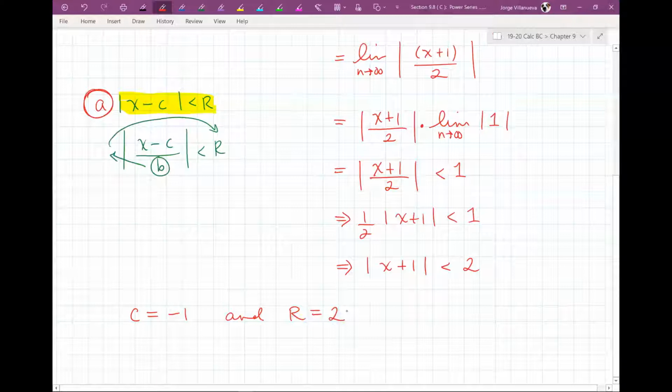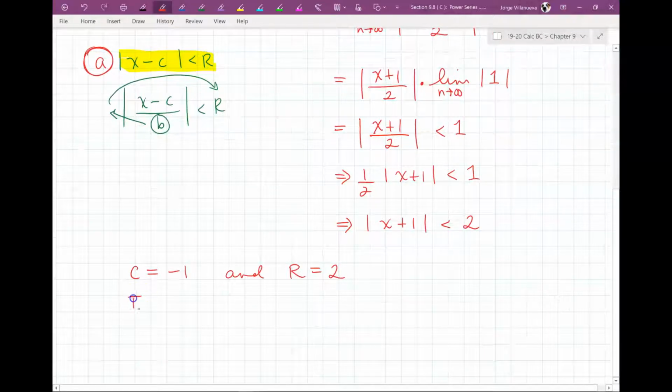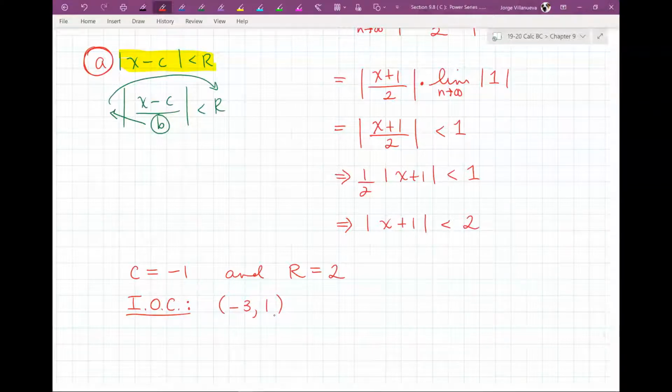Okay? So if my center is -1 and my radius is 2, what's my interval of convergence? -3 to 1. And there you go. So remember, you can think of it like a number line, right? So if I'm centered at -1, here's -1.